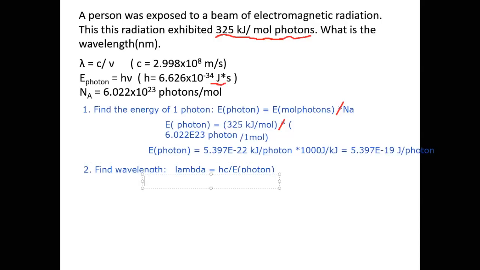So lambda equals all of this divided by energy of a photon.